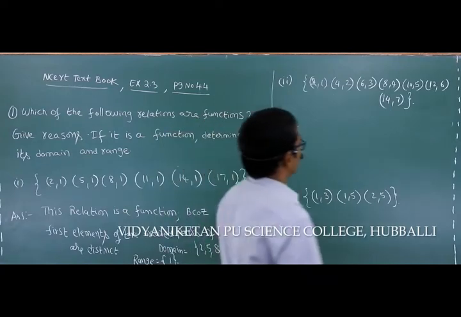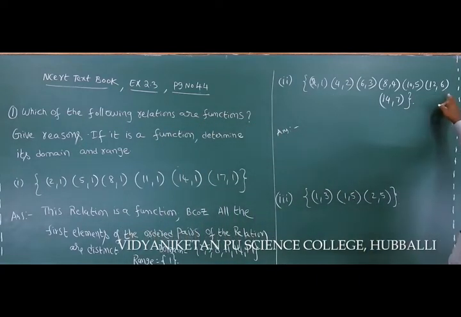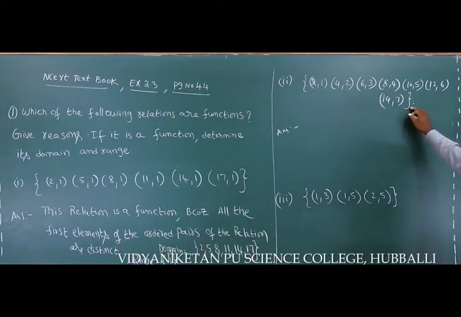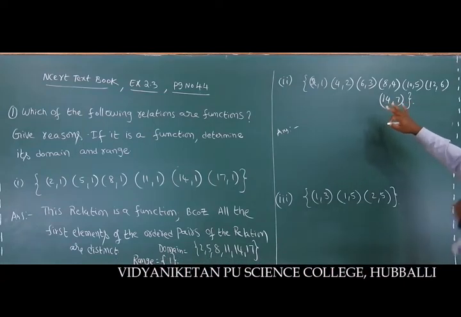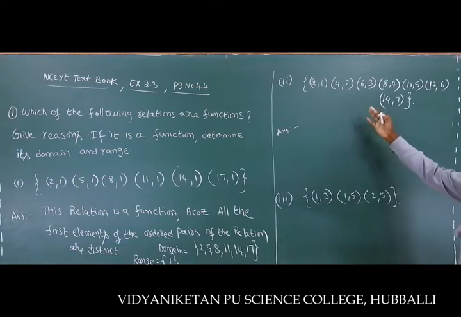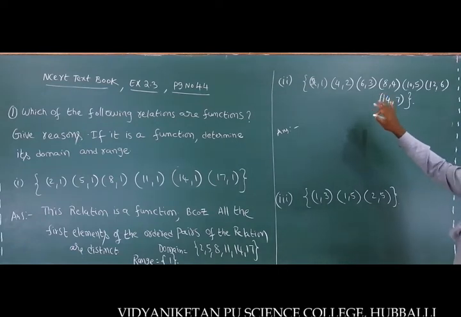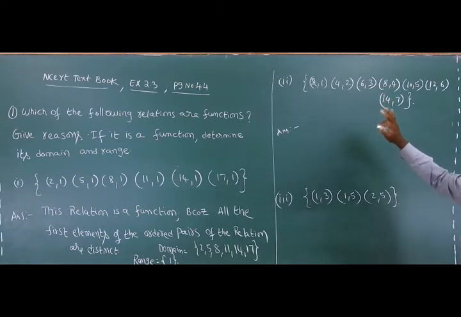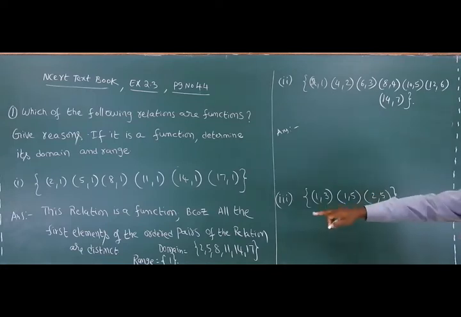Next one: 2 1, 4 2, 6 3, 8 4, 10 5, 12 6, 14 7. So here also the distinct ordered pairs have no same first element. All the first elements of the ordered pairs of the relation are distinct.